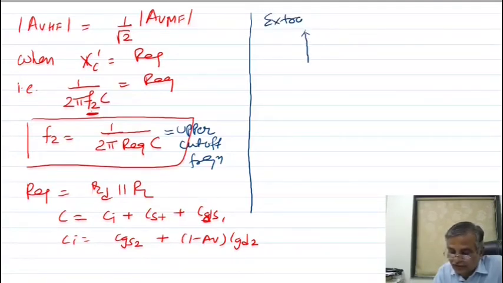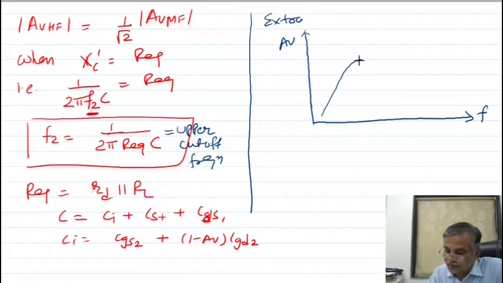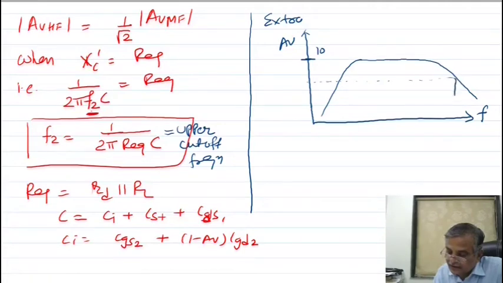Look here, extra I am discussing. You know the graph of gain versus frequency. Just to explain, I am showing you. This is the graph. Suppose this gain is 10, this is gain at mid frequency, and at this frequency the gain is 1 by root 2 times gain at mid frequency.